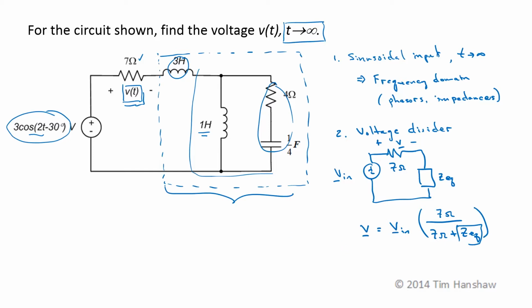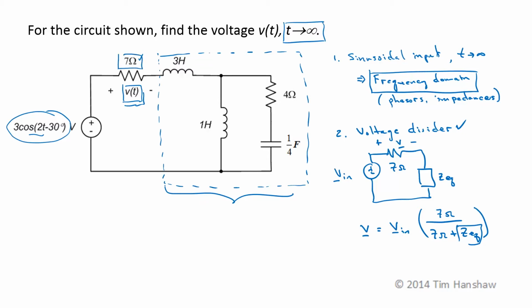So let's convert this circuit into the frequency domain per our analysis here, and then use this voltage divider formula. Determining the individual impedances of the circuit elements, this 7 ohm resistor has an impedance of 7 ohms, this 4 ohm resistor has an impedance of 4 ohms, those are easy. The impedance of this inductor is going to be 3 henries times 2 radians per second times J, so this is J6 ohms.